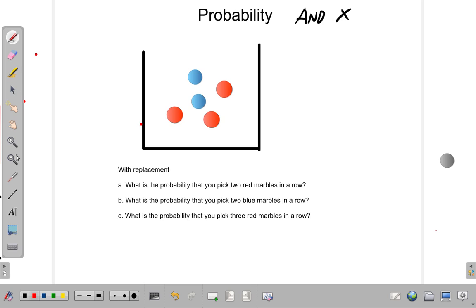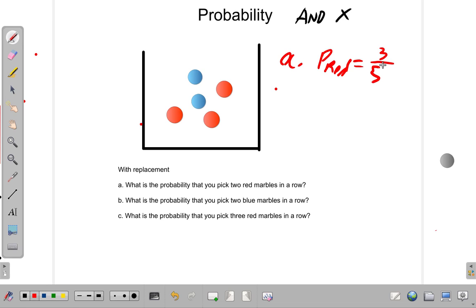In this case, with two red marbles in a row, looking at part A, the probability that the marble you pick is a red is 3 red divided by a total of 5 marbles.